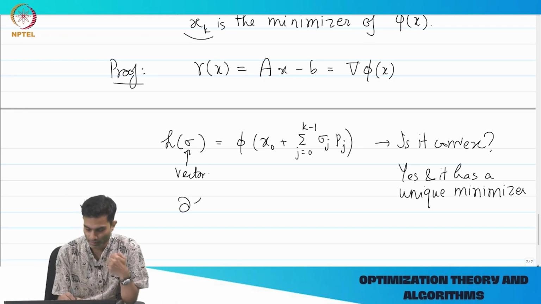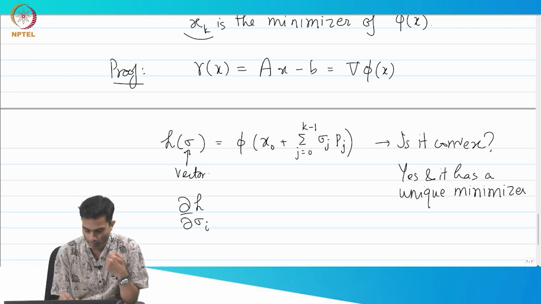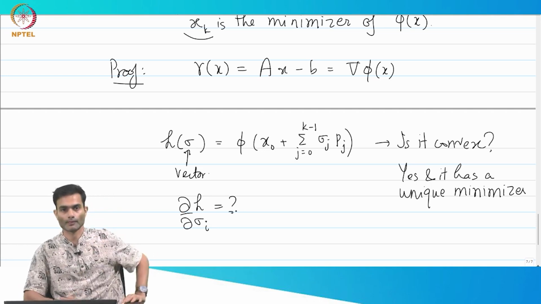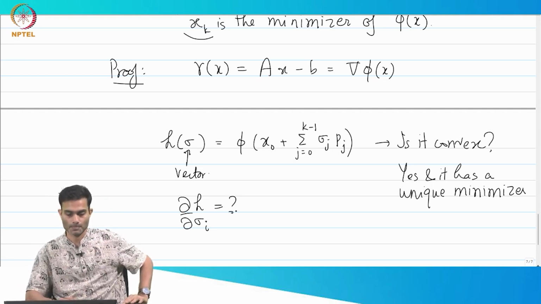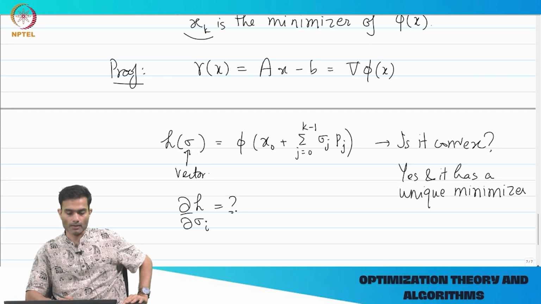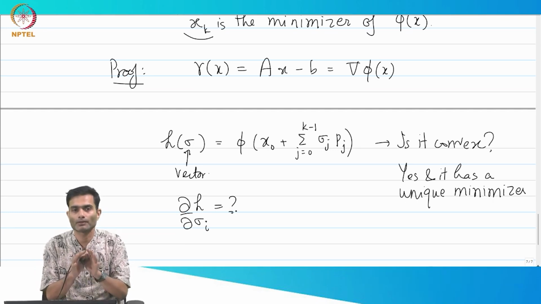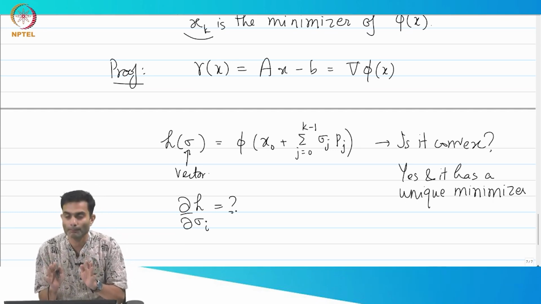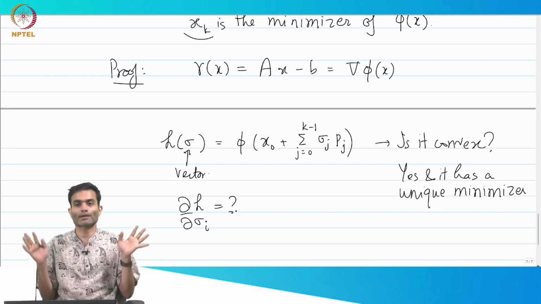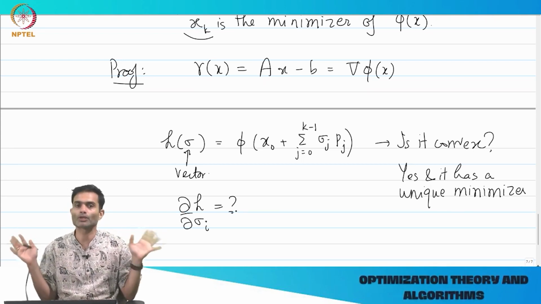We can expand this by chain rule. But what do we expect the answer to be at the optimal? Zero.